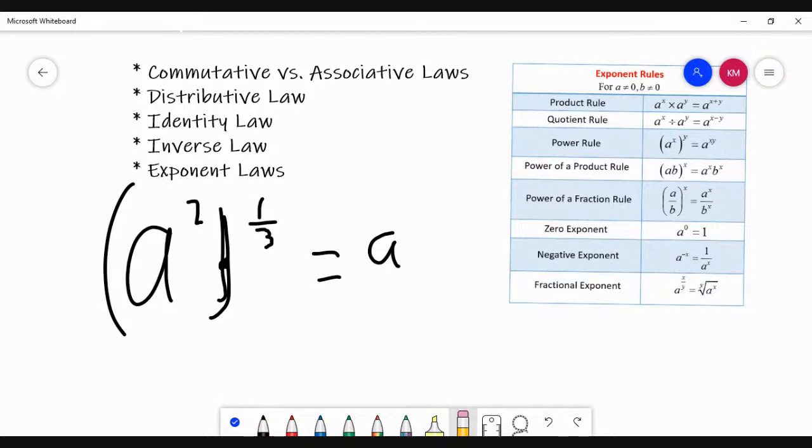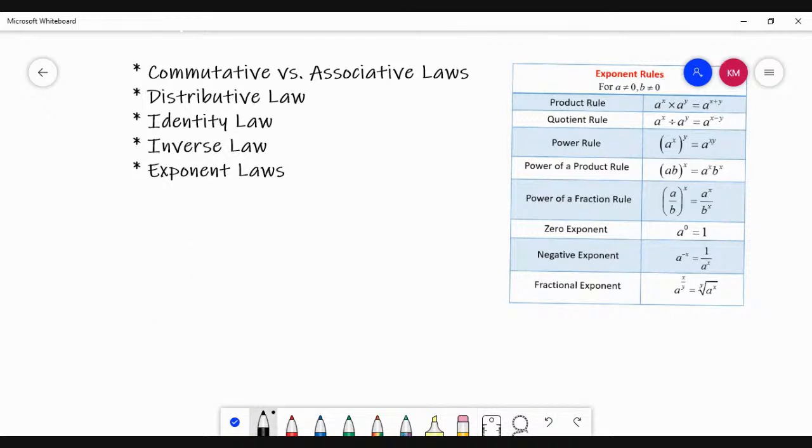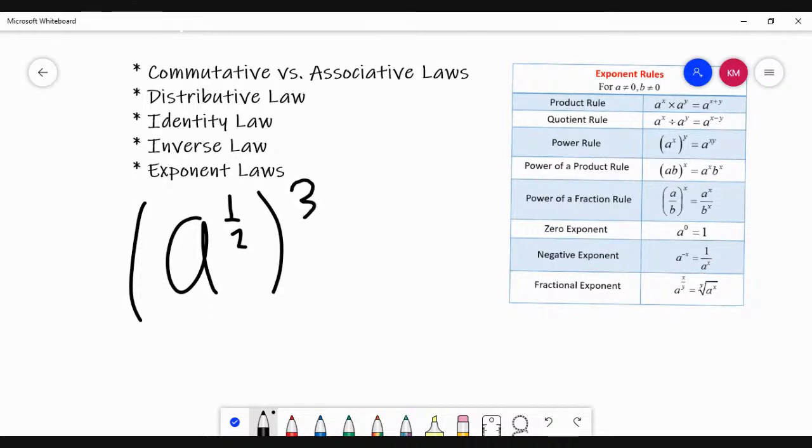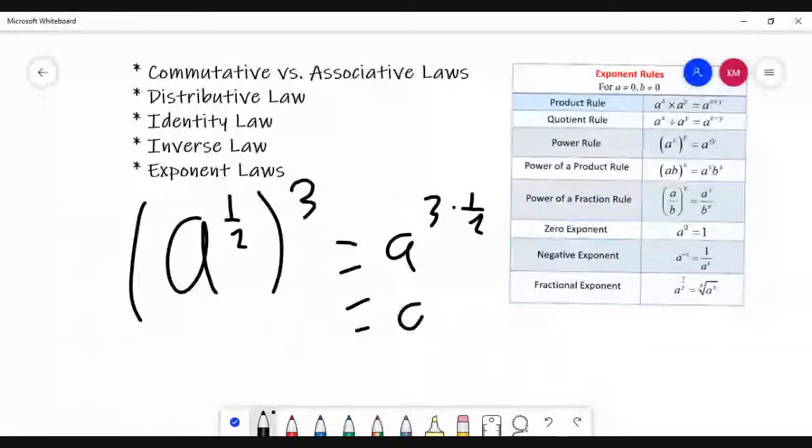actually, correction. Let me fix that. A base that is raised to a fractional exponent is then raised to a whole number exponent, which then allows me to say 3 times the 1/2, which gives me 3/2.